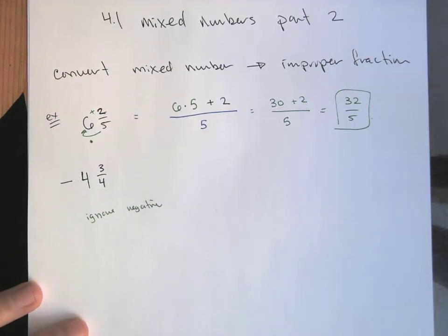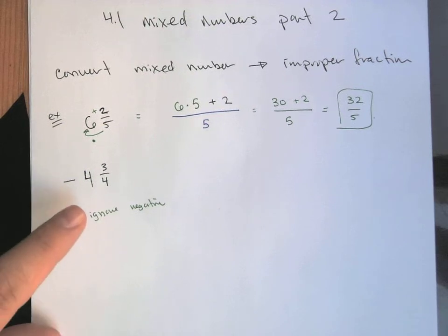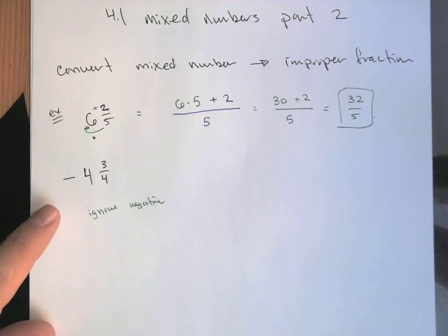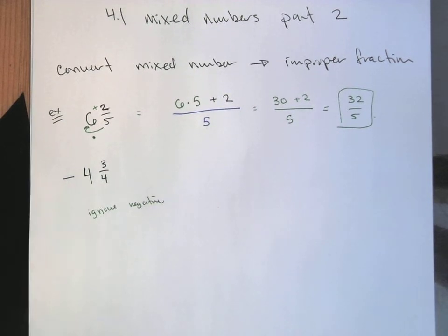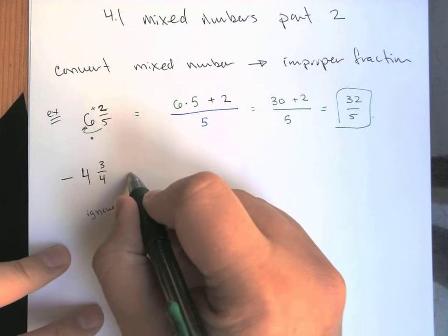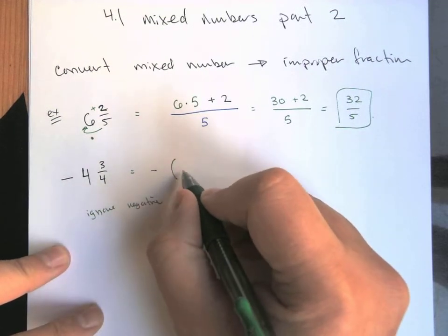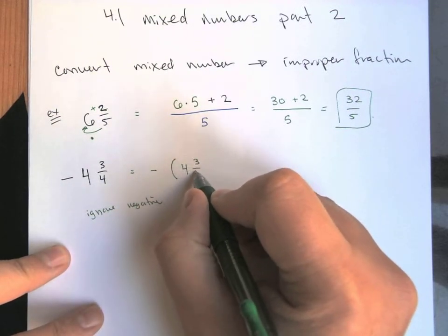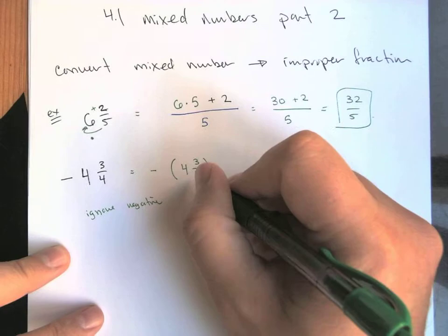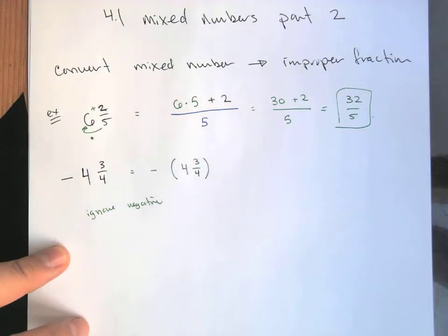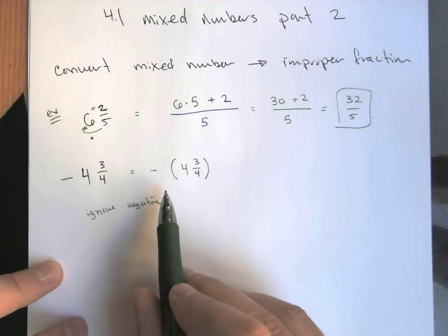As you're doing this setup, don't think of this as 4 times -4 plus 3. That would give you -16 plus 3, which would be -13. It's going to mess up your numbers because it makes them too small. This is really conceptually the negative version of 4 3/4. It's not a -4 and a positive 3/4. The whole thing is negative, right?